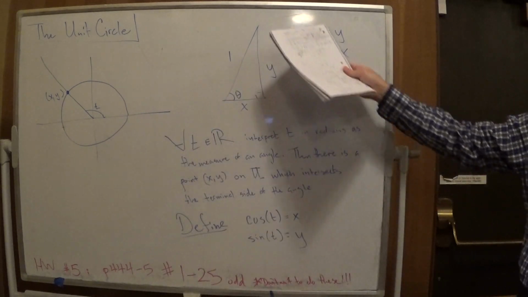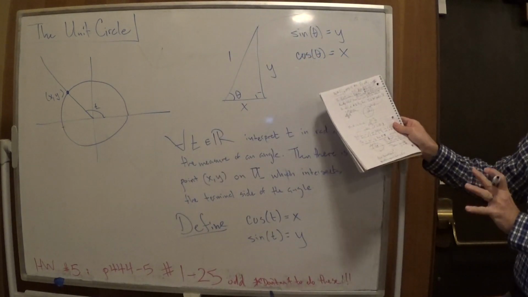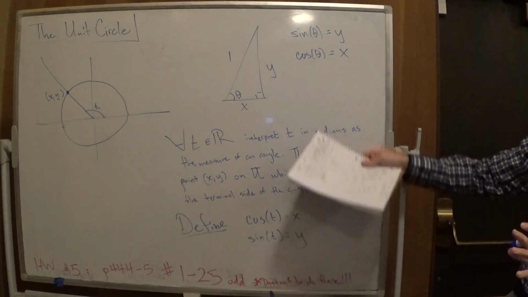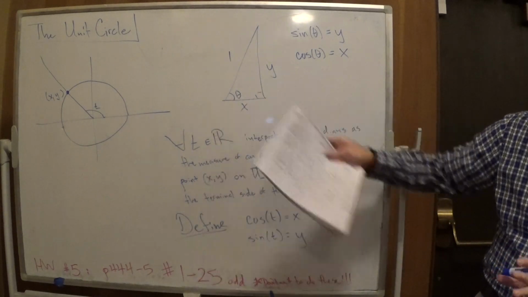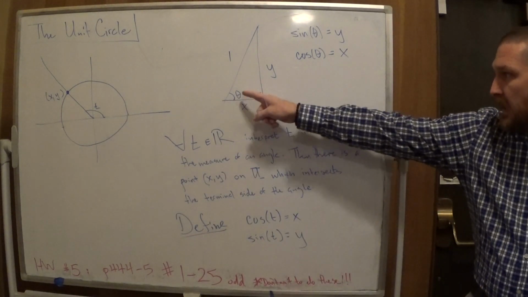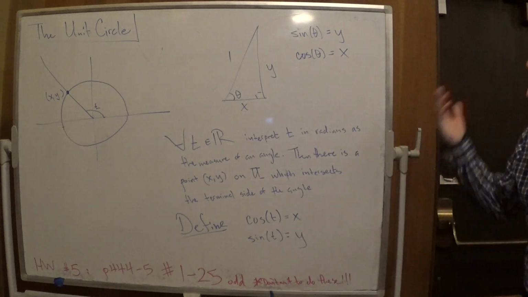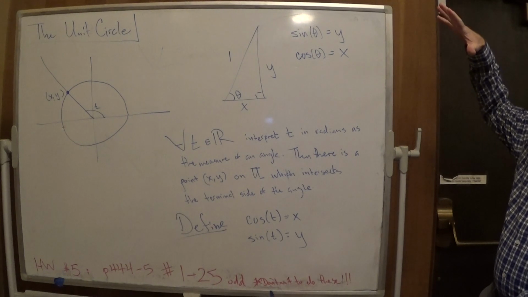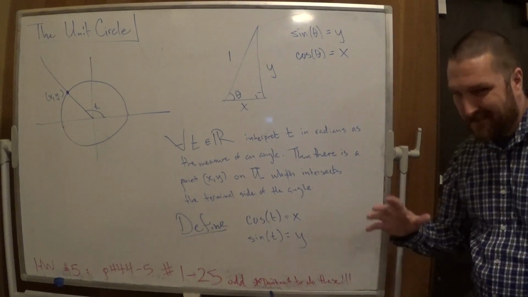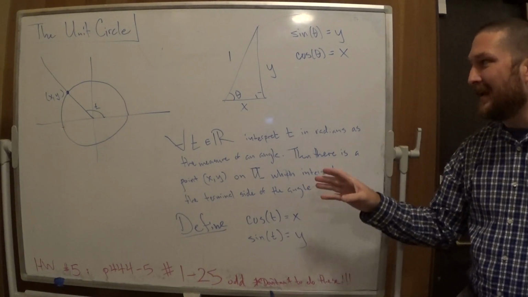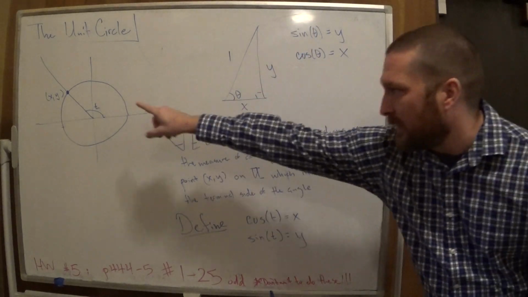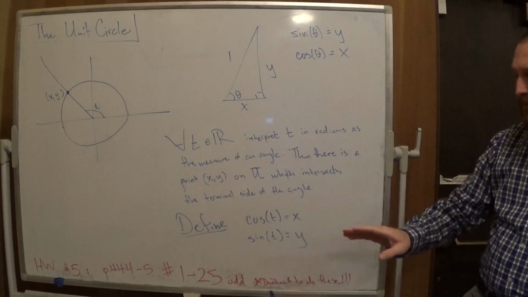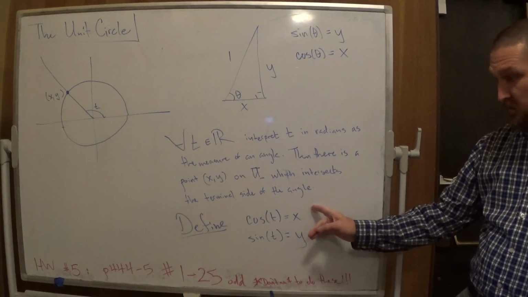Everything that we've already done still applies. There's nothing new here. If your t is this guy right here, then it happens to be that it's that over that. If your triangle is bigger, we'll just scale it down, and we've seen like 10 times now that it's going to be the same as if you just scaled it down and put it on the unit circle. So everything we've done up until now, there's nothing new here.